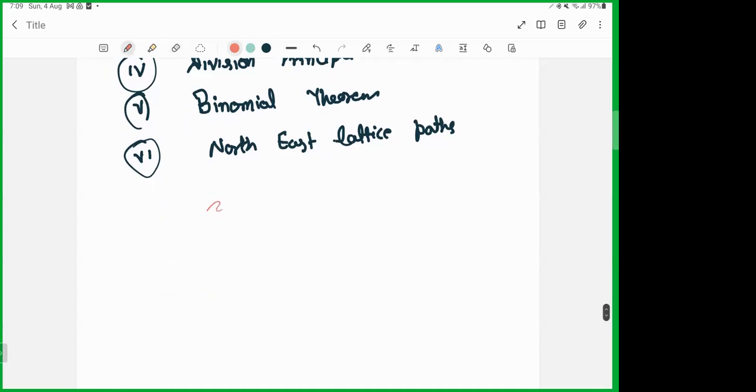Suppose you have a function f mapping the set S to T. S and T are any two finite sets, which are of our interest. So when is a function said to be D to 1? I hope you are familiar with it, let me quickly recall.